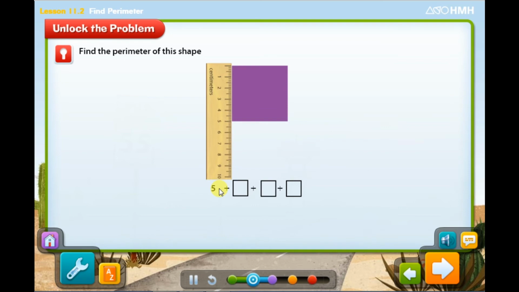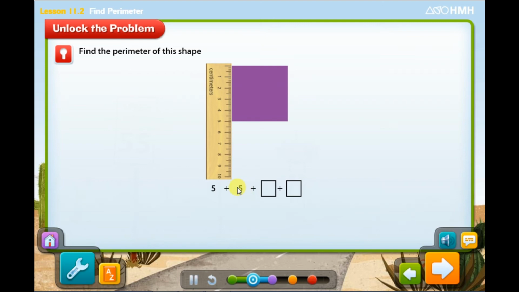Next, measure the left side. Let's measure together. The 0 is on the edge, and the ending vertex will be on 5. So it is 5 again. And of course, you know the square has equal sides.